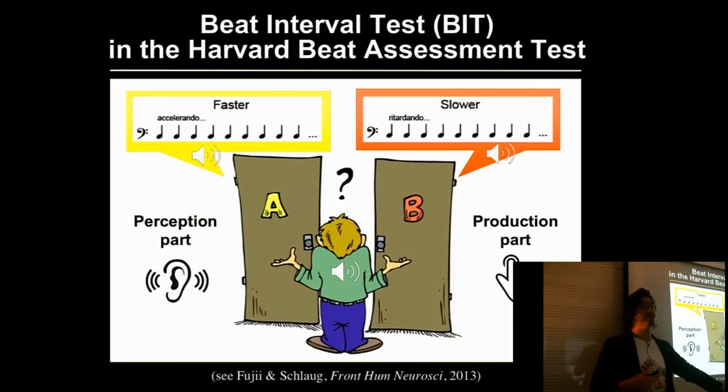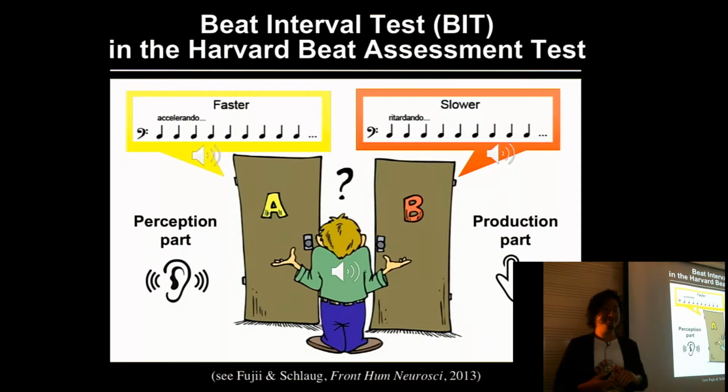It's very easy to say, right? So right now, the beat interval is changing very obviously, but parametrically we can change the amount of the change. So I'm going to ask you, how about this metronome stimulus? Getting faster or slower?